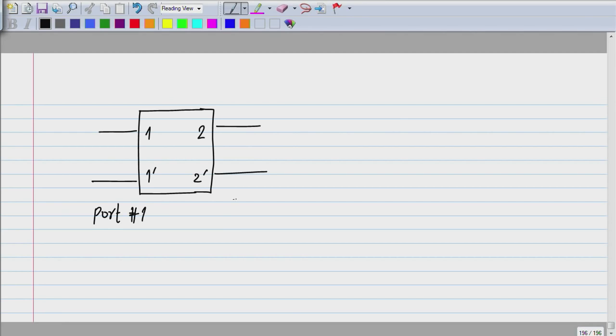This is port number 1, this is port number 2, and each port has a voltage and a current, and these voltages and currents are defined in a direction consistent with the passive sign convention. That is, V1 is with plus on top, then I1 goes into the upper terminal. Similarly for V2.